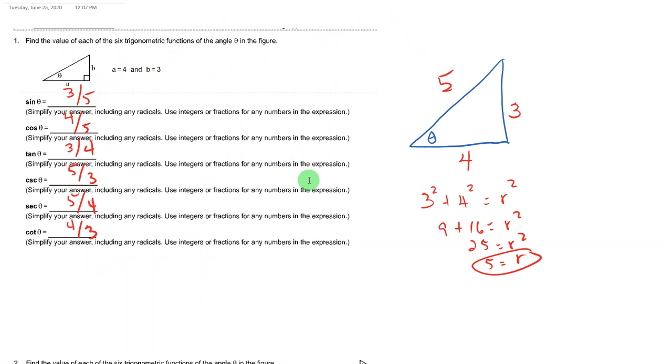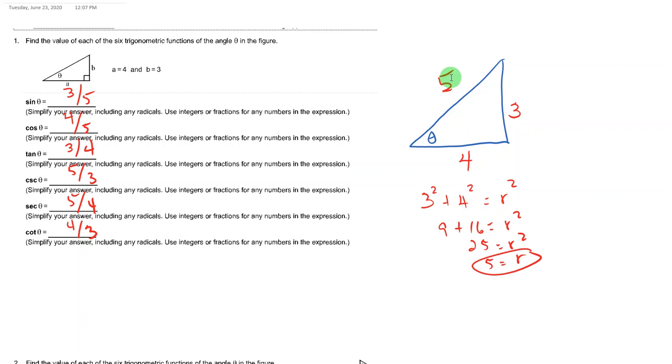All right, number one, and we've done this several times and it's worthwhile looking again. Find the value of each of the 6 trig functions. So you're given a is 4 and b is 3. You always have to find the c. I did that over here, used the Pythagorean theorem. 3 squared plus 4 squared equals r squared. So r ends up being 5.